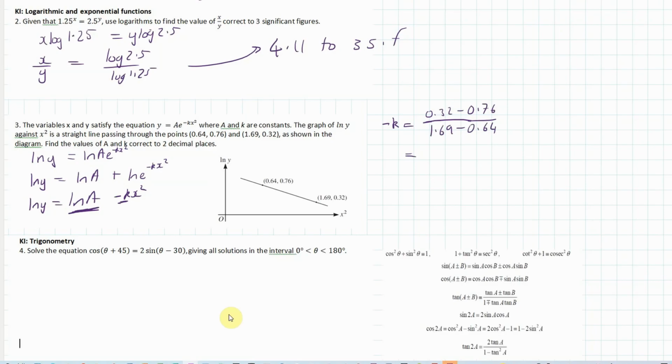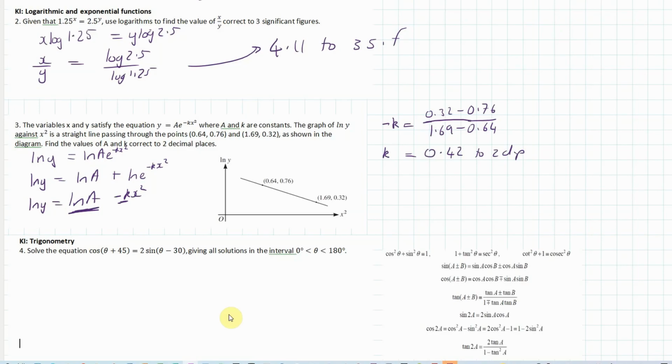And when I chuck this into my calculator, 0.32 minus 0.76 all over 1.69 minus 0.64. And then that means that k, in the end, is equal to 0.42 to 2 dp. I'd save my unrounded answer.